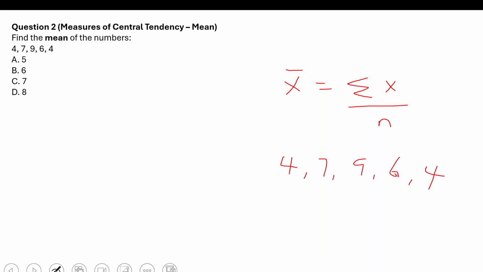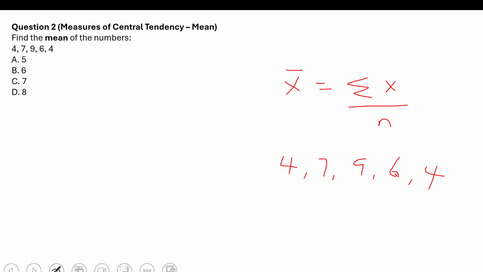So the formula is mean is equal to sigma x over n, where sigma x is the summation of the distribution. Distribution just means 4, 7, 9, 6, and 4. So these are the distribution.